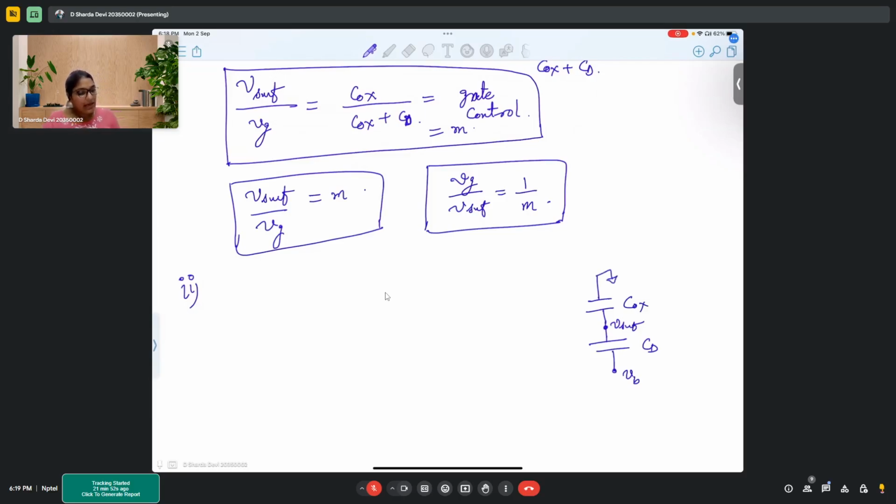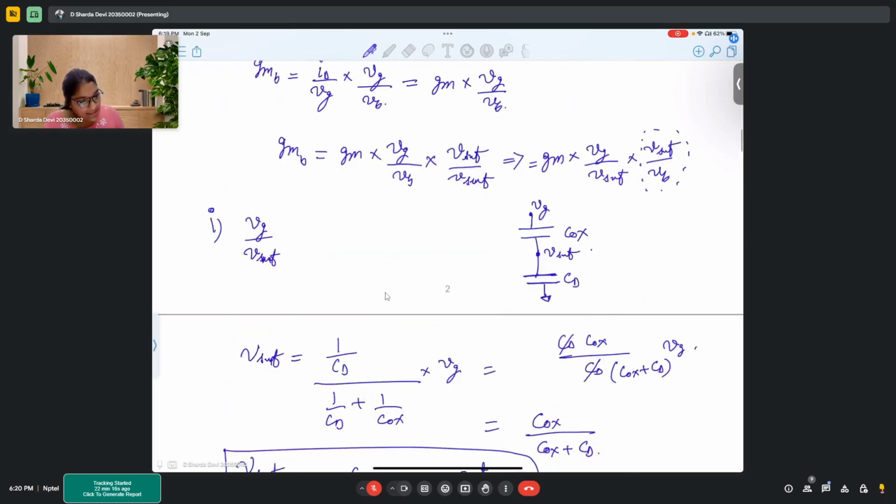Now if we analyze our V surface, it comes out to be 1 upon Cox over 1 upon Cox plus 1 by Cd into VB, right?